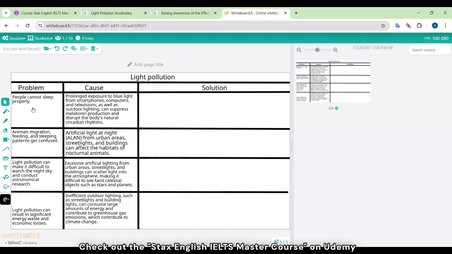One cause is prolonged exposure to blue light. That comes from smartphones, computers, and televisions, but it also comes from outdoor lighting, street lights, spotlights, garden lights, those kinds of things. And that can make it very difficult for people to sleep.